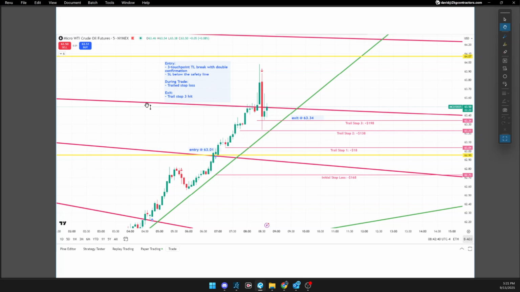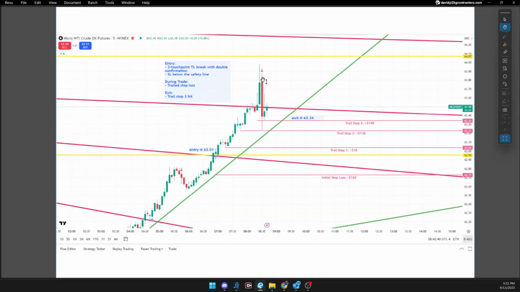He writes up here basically a good idea of what's happening. He knows where he's entered. This is him trailing his stop loss: initial stop loss, trail stop 1, trail stop 2, and he's putting in how much he's made, trail stop 3.